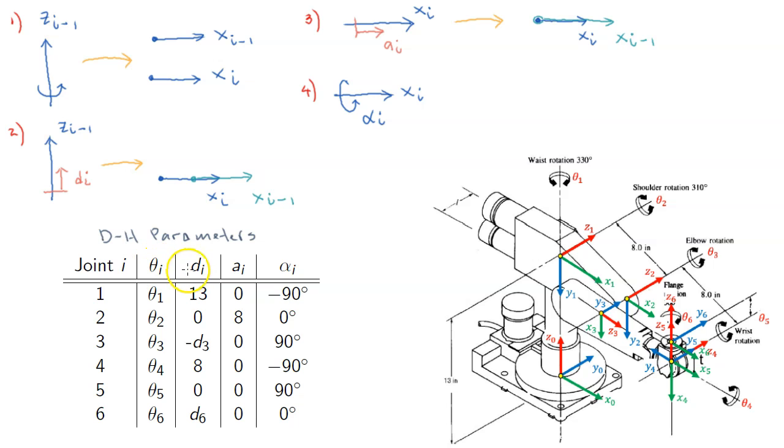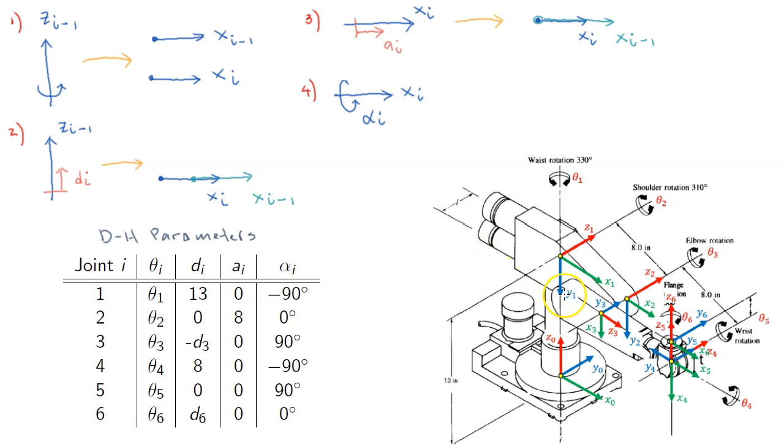Let's find D1. First we have to rotate coordinate frame 0 about Z0 to make X0 and X1 pointing the same direction. So they are pointing the same direction already. Next, we have to translate coordinate frame 0 in Z0 such that X0 and X1 are on the same line.